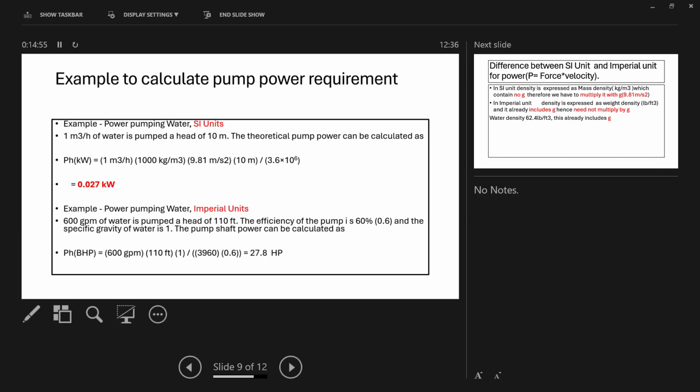Now 600 into 110 into 1, the specific gravity, divided by 3960 into efficiency 0.6. So it will be 27.8 HP that is required to be given to the pump shaft to get the output. So this is the brake horsepower that needs to be given to the pump.